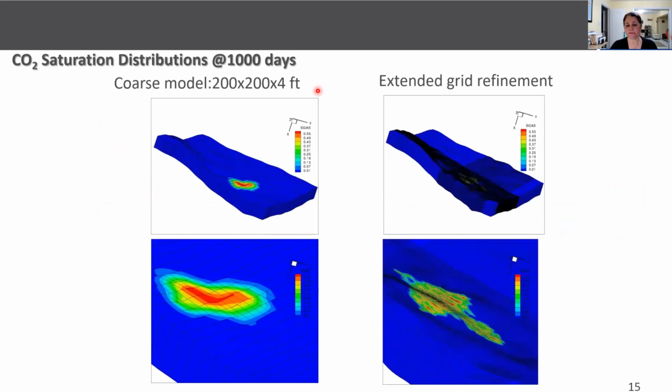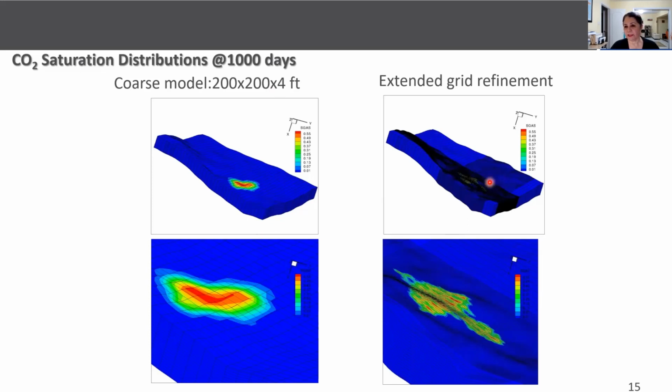We also looked at the effect of grid. Here with the coarse model, the grid sizes were about 200 feet by 200 feet by 4 feet. These are really large, with a lot of numerical dispersion that will impact your plume and results.